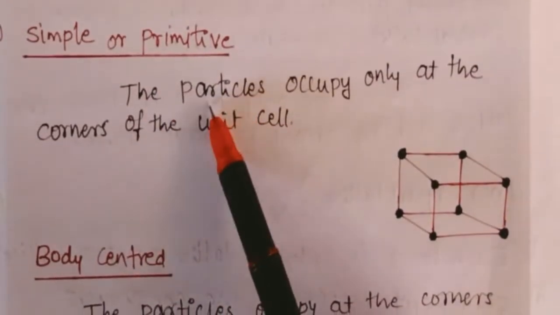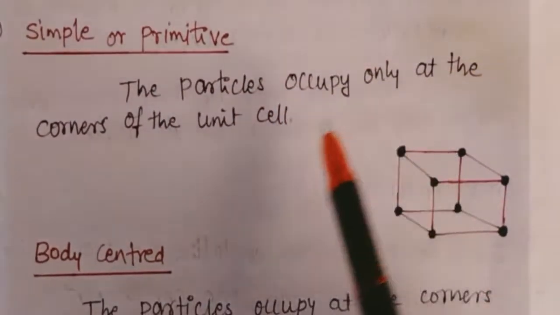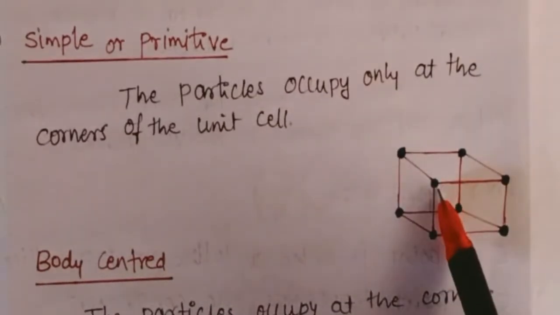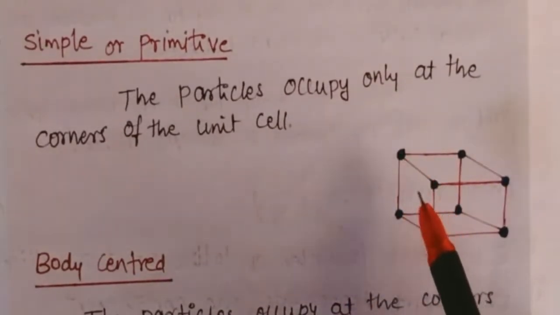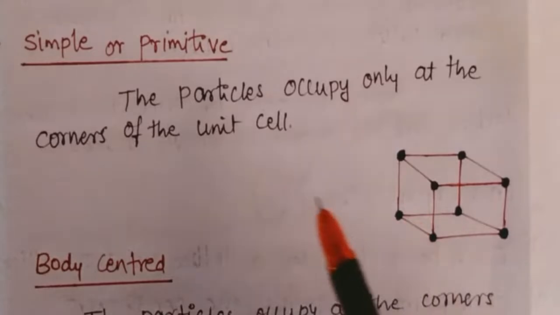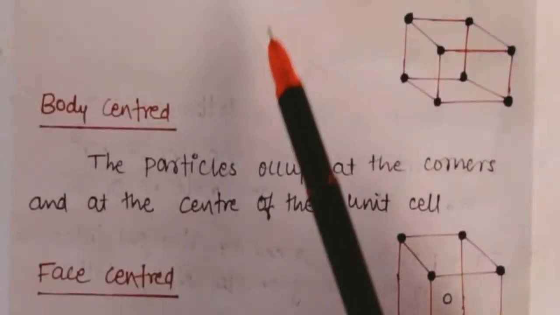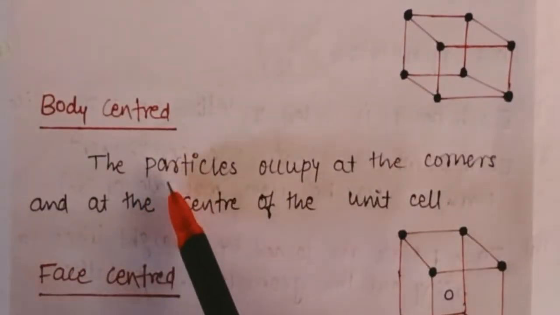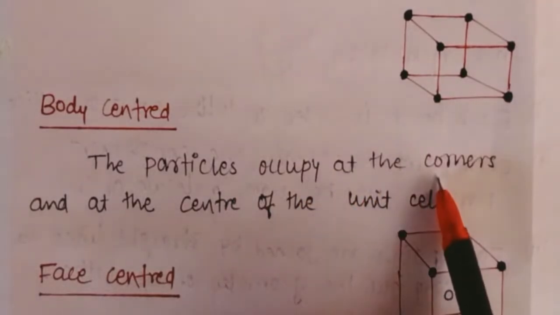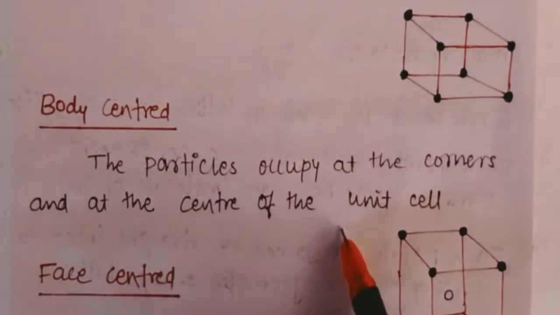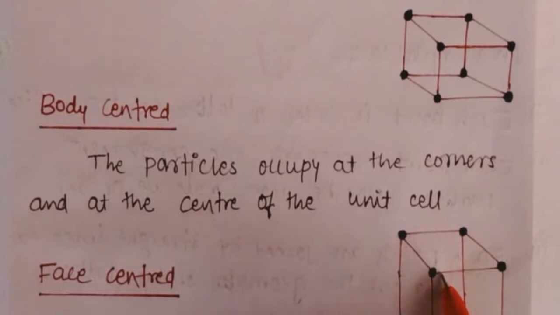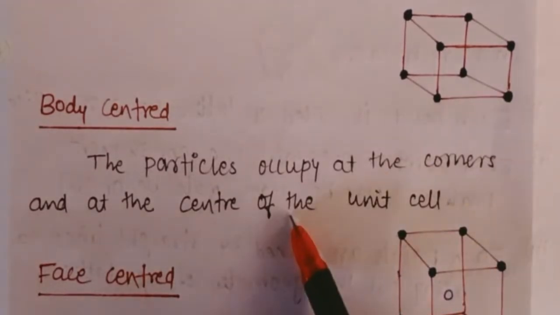In this case, the particles occupy only the corners of the unit cell. Look at the diagram: all particles are located at the corners, so it is called simple or primitive. The second one is body centered. It means the particles occupy the corners and the center of the unit cell. So this type is called body centered.